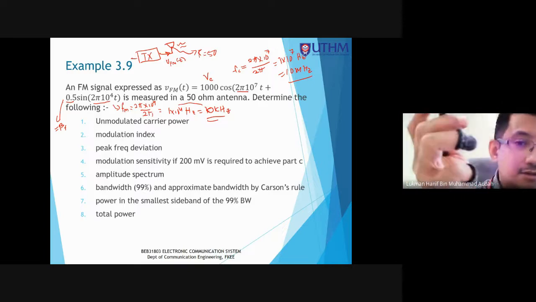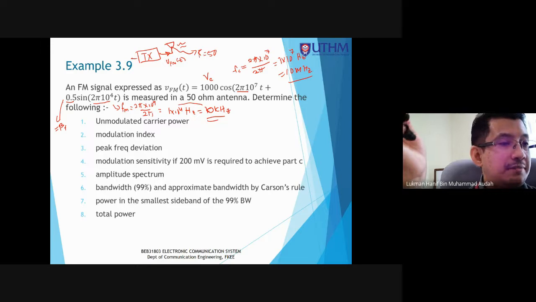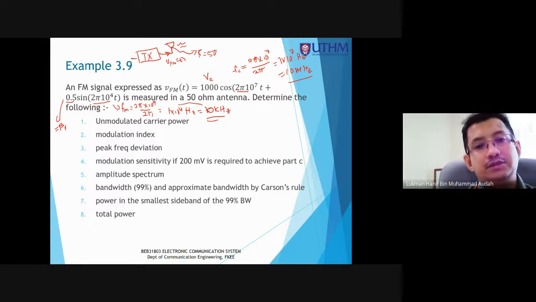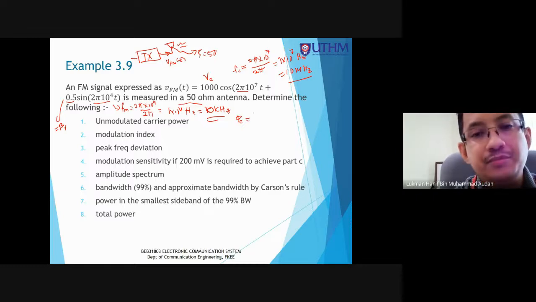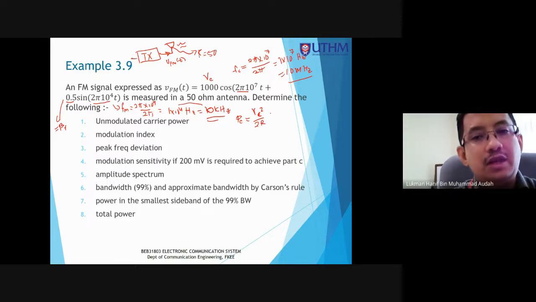So determine the following. First, the unmodulated carrier power. This is easy. Carrier power Pc is equal to Vc squared over 2R.